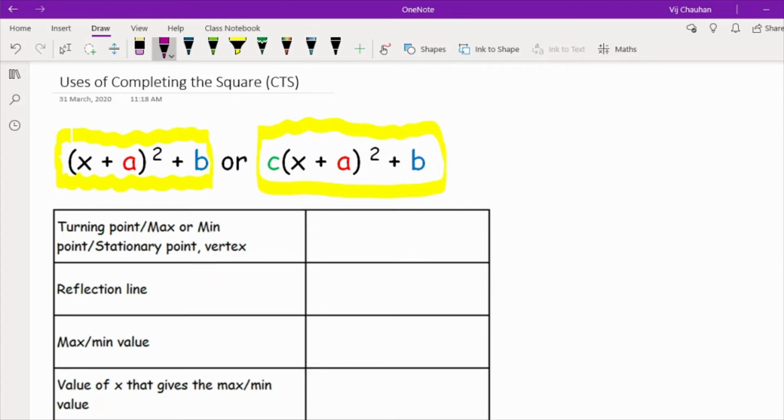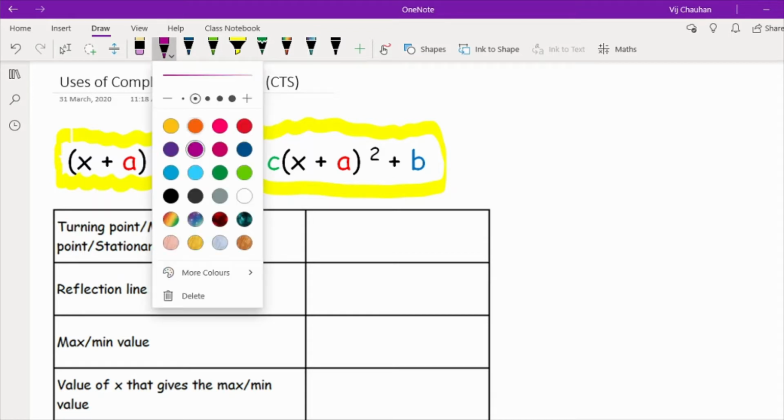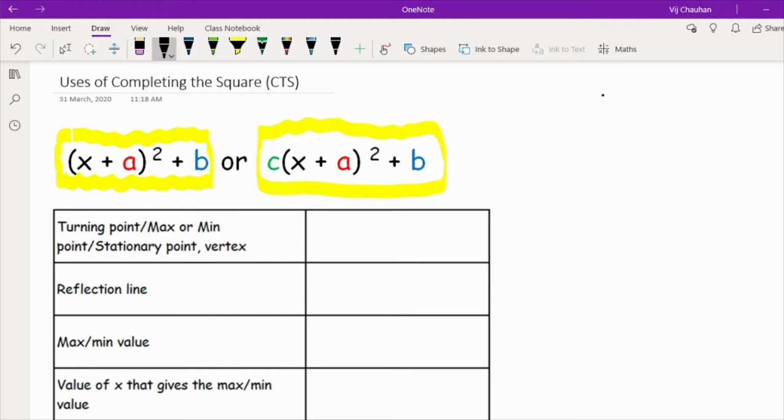So with regards to its turning point, if I just quickly do a little sketch of a quadratic, just ignore the lack of straight lines, always worthy of labelling your axes.